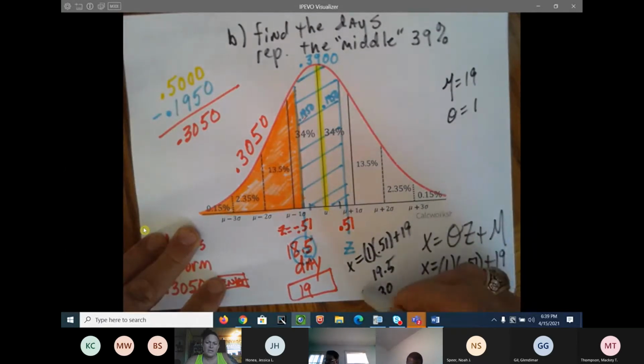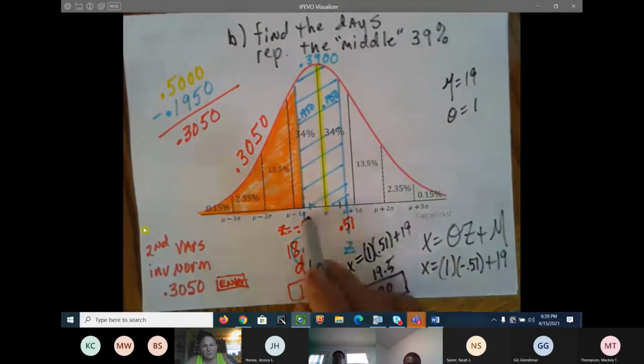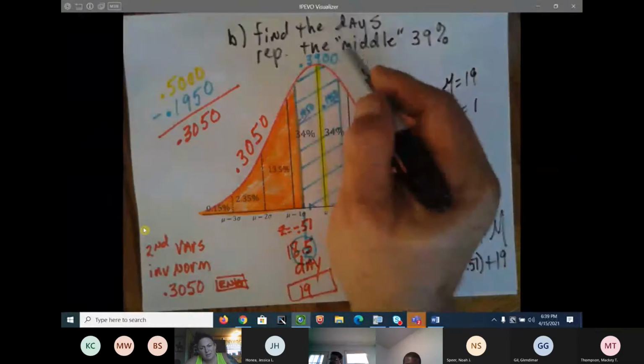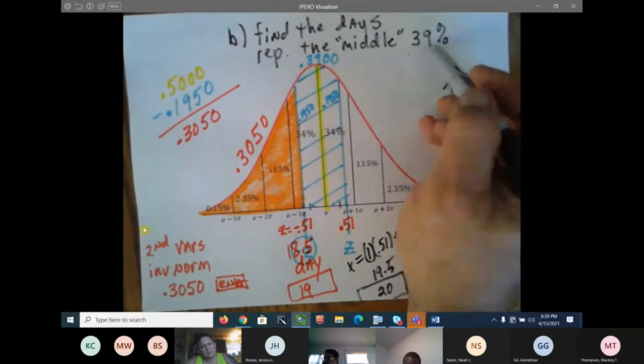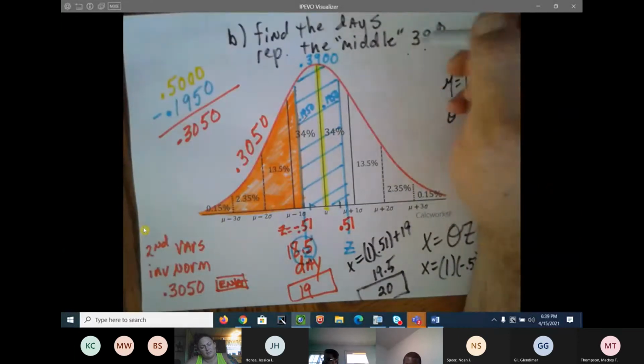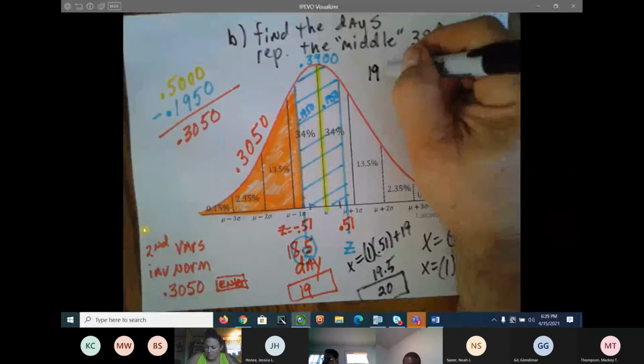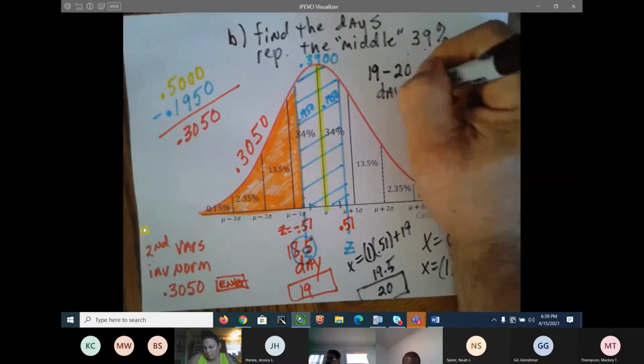So between 19 and 20 days, that represents the 39%.